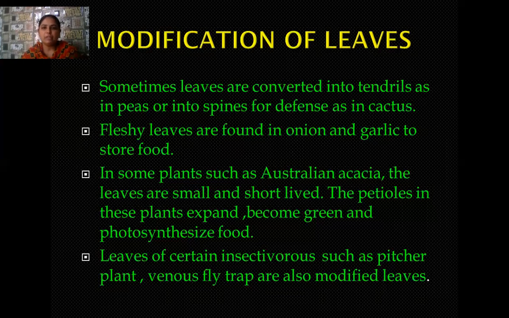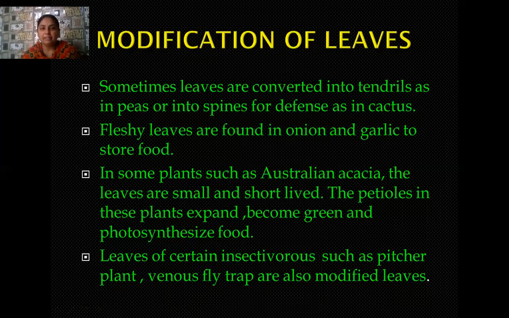In some plants such as Australian acacia, as I have already told you, the leaves are very small and short-lived. Here the leaves are not performing the function of photosynthesis. Instead of leaves, the petiole of the plant expands and becomes green in color, stores chlorophyll pigment, and later does the function of photosynthesis. Next, sometimes the leaves in insectivorous plants are modified, for example the pitcher plant, known as Nepenthes.